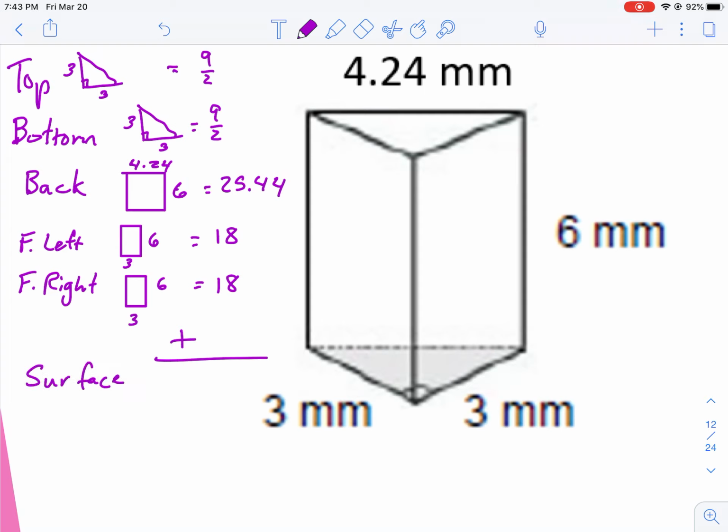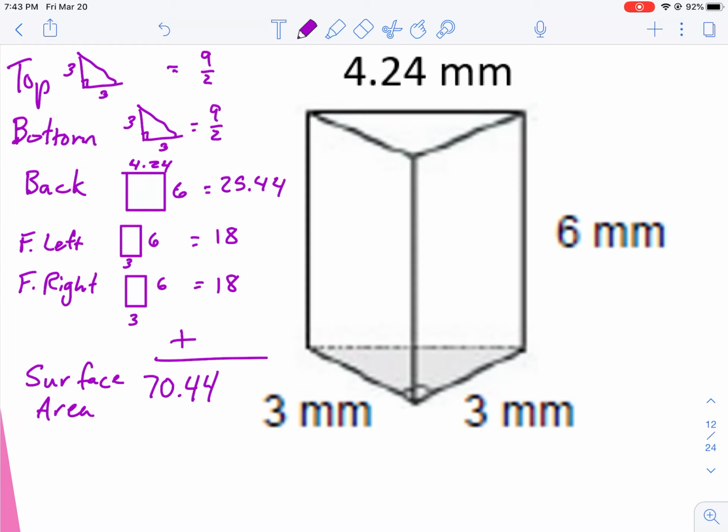So the total surface area is just adding those up. So 9 halves plus 9 halves plus 25.44 plus 18 and 18 gives us 70.44.